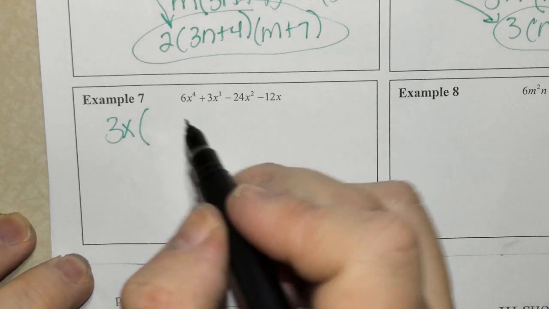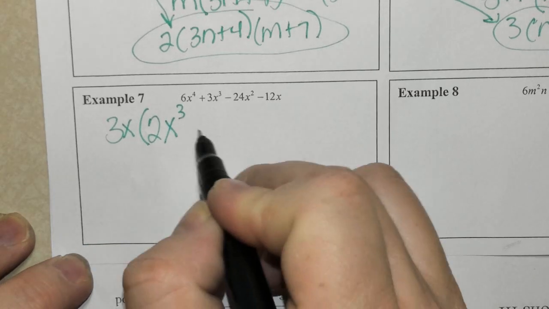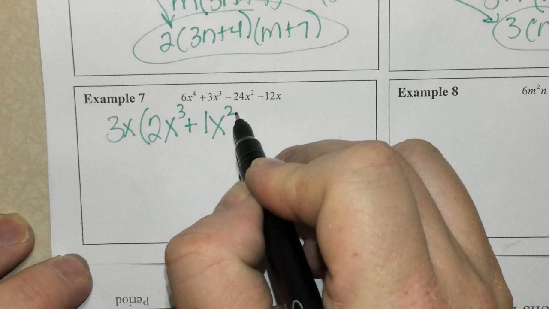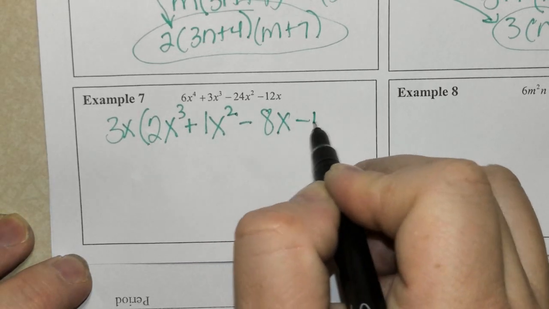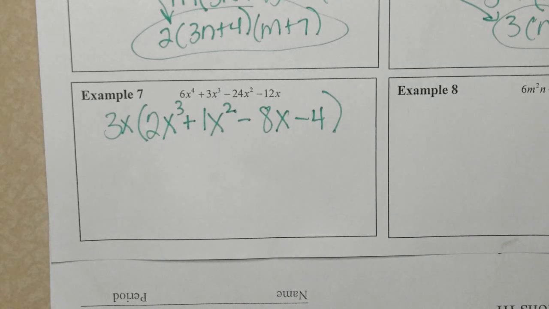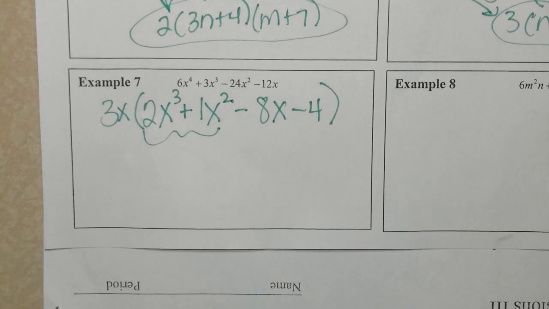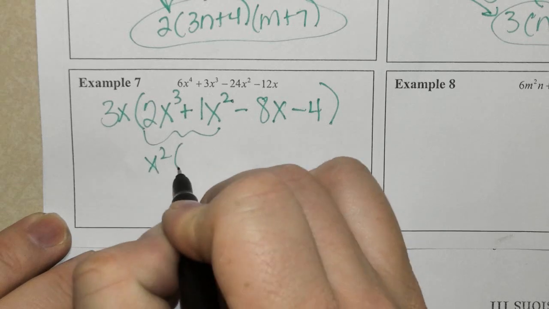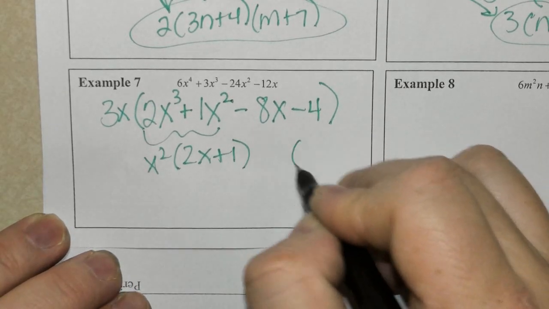When I factor out the 3x, I'd be left with 2x cubed plus 1x squared, subtract 8x minus 4. The first two terms in the parentheses, they're all lined up. I can factor out an x squared, and I'm left with 2x plus 1.